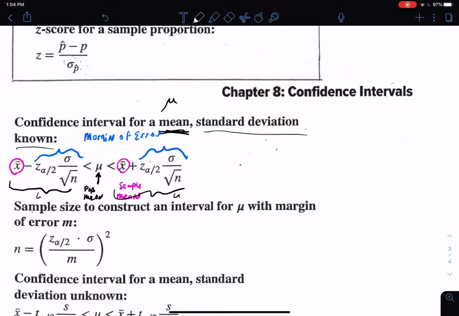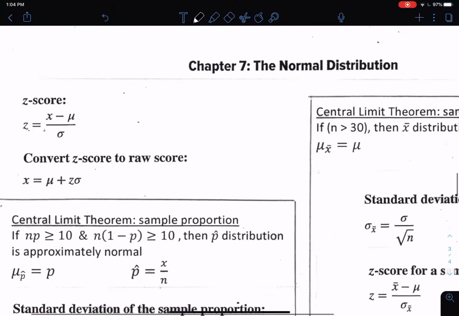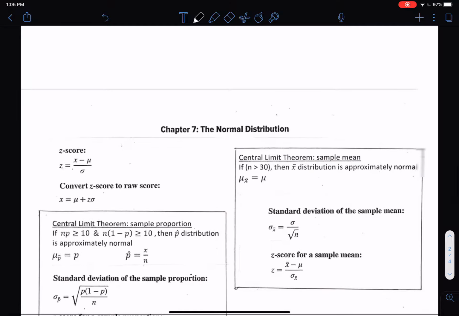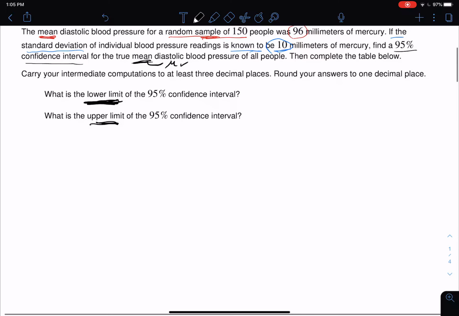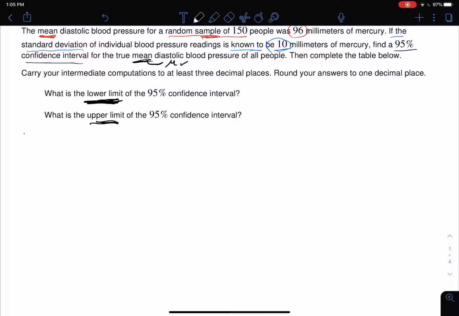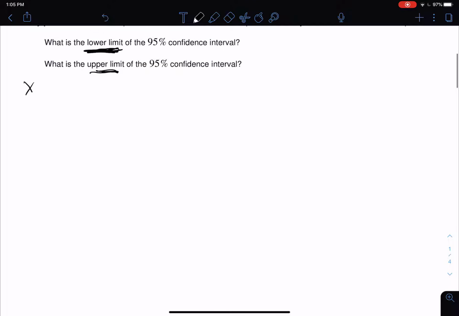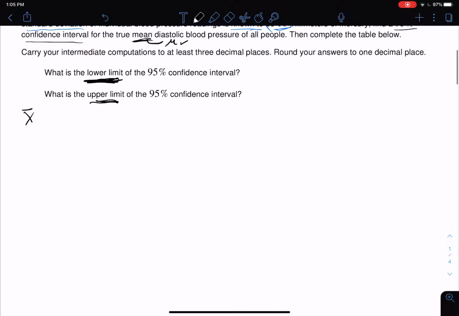All right, so let's take that information and use it up here. What I'm going to do is just rewrite that. So that just says x bar minus my margin of error, which is the z-score for half of alpha, called our critical value, and then our standard error, which is sigma divided by square root of n.